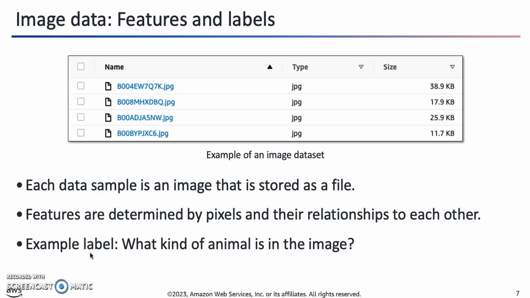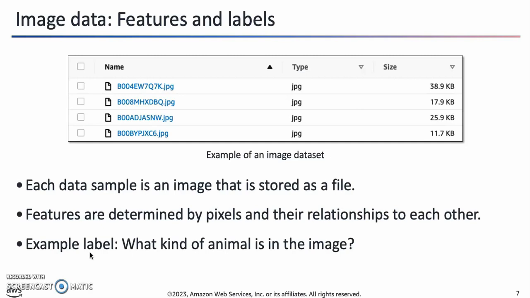There are other extensions, but just to make an association here, so each data sample would represent an image that's stored as a file. Here there are features also. The features they're going to relate to the pixels and any relationships the pixels may have with one another.